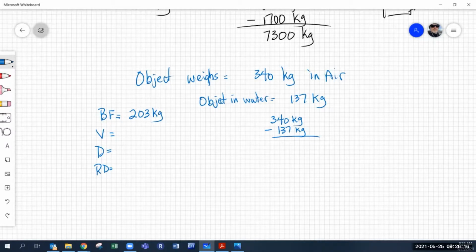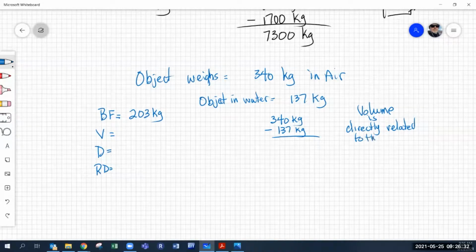Now, the volume is directly related to the buoyant force.